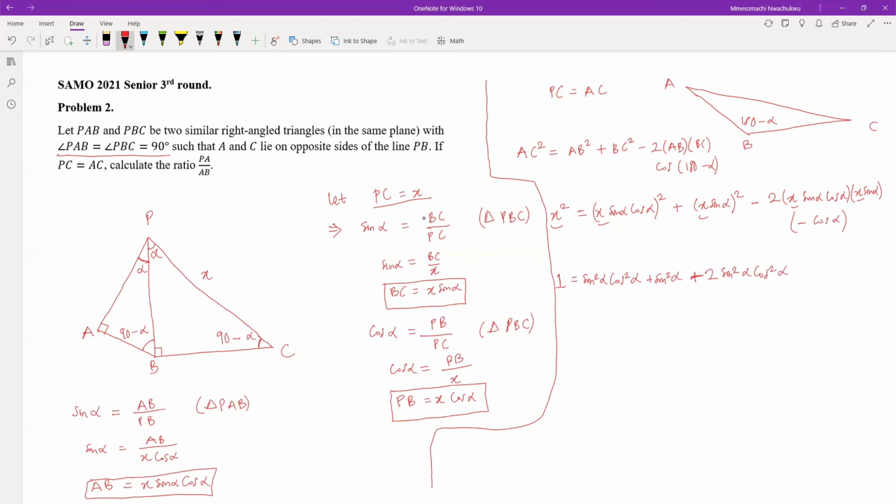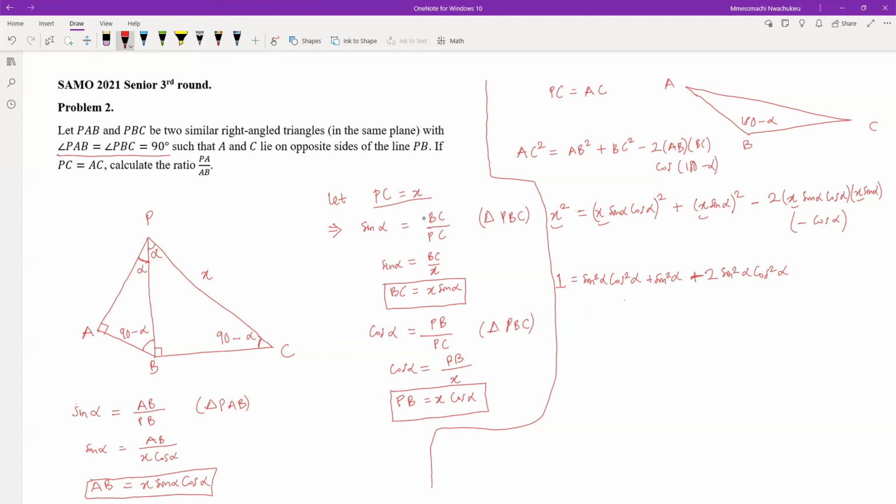Okay, so we have 1 equals to, so we can factor out sine squared alpha. Okay, so on that technique we can use this.